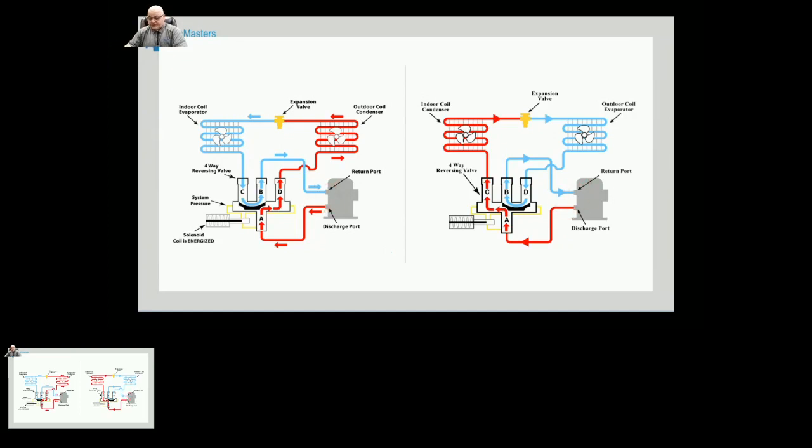It is, however, changing the flow direction in the other three components of the refrigeration cycle. So you have the outdoor coil, not going to call it a condenser or evaporator at this point, the outdoor coil, the metering device, and the indoor coil. The refrigerant flow direction is going to reverse in these three.